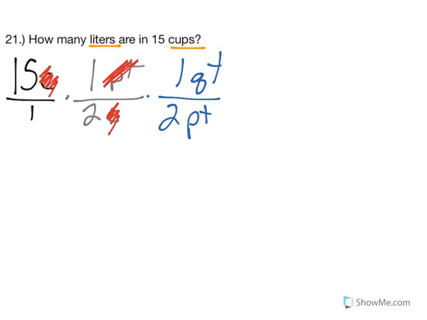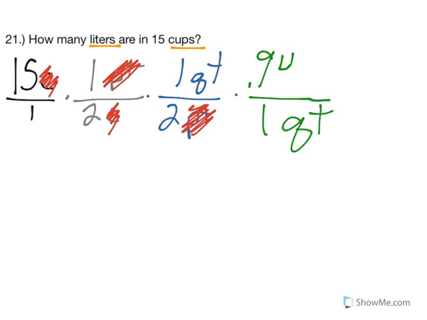Okay, so that gets me out of pints. Now you can see my label is quarts, and now you're like, what? Hey, look what I got. Because 1 quart, and maybe you don't say that because nobody with a life says that, 0.946 liters is 1 quart, so my quarts cancel out, and now my label is liters.